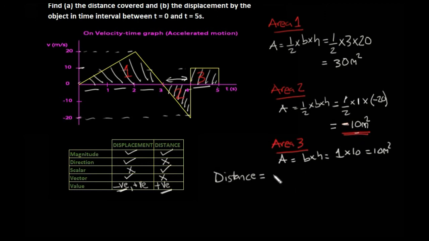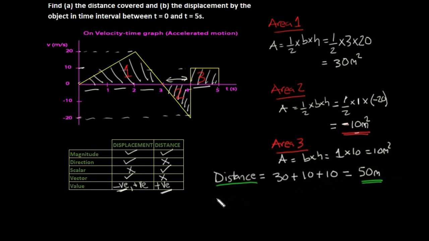So distance will be 30 for area 1, plus area 2, 10, plus area 3, 10, and we get 50 meters square. Hence our distance is 30 plus 10 plus 10, which is equal to 50 meters.